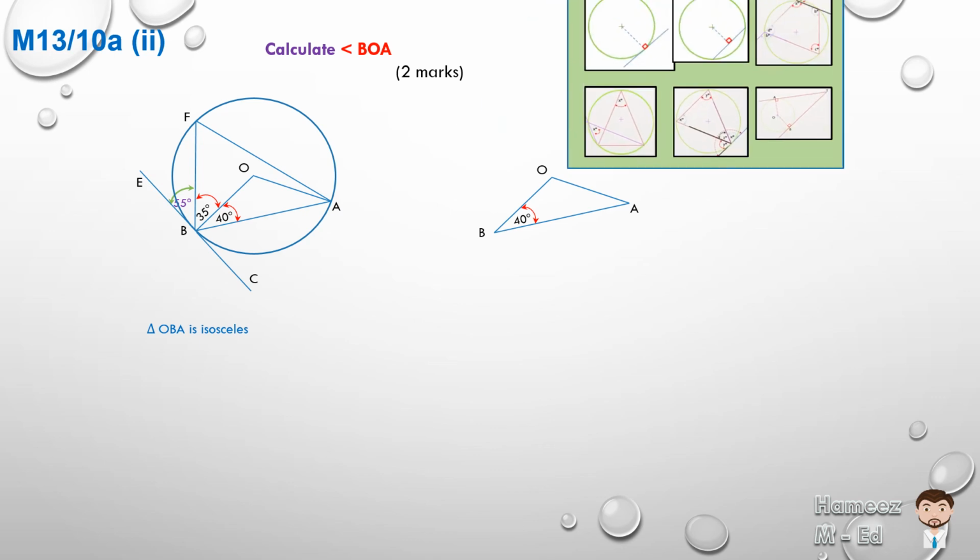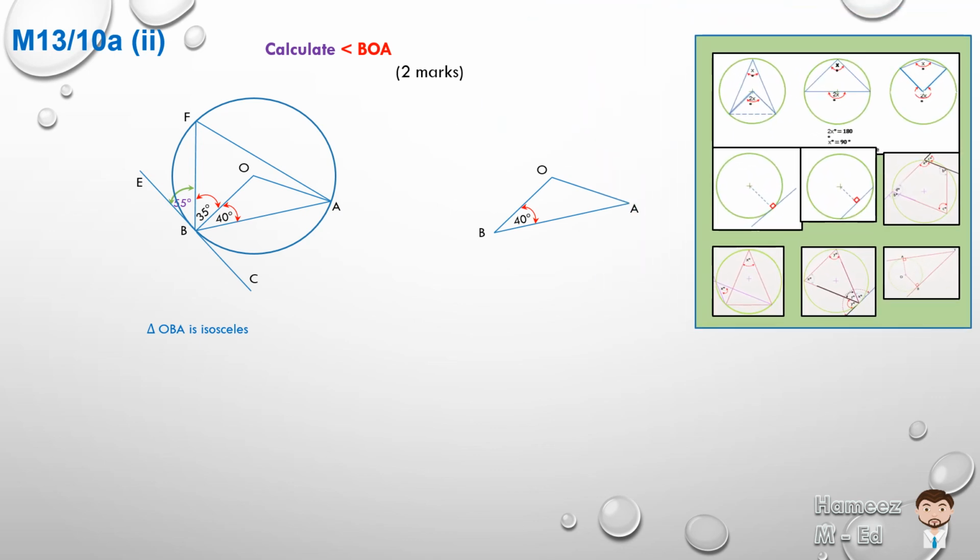It means that two angles are the same. So let's recall that if we add up all the angles, angle OBA plus angle OAB, the one at A, plus angle BOA, the one at the center, that will equal 180 degrees, because all the interior angles in a triangle will add up to 180.